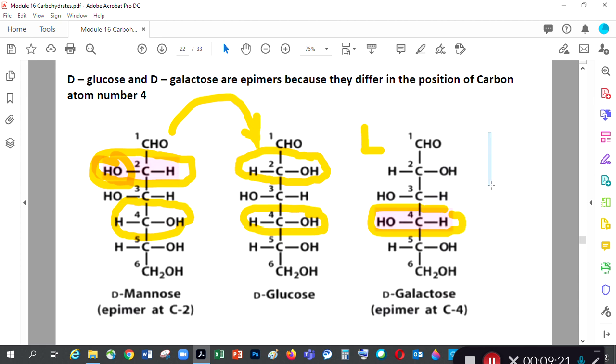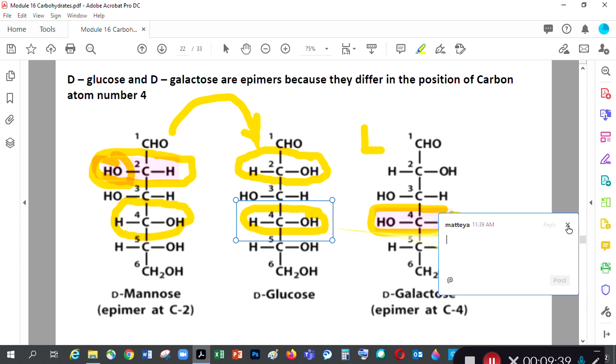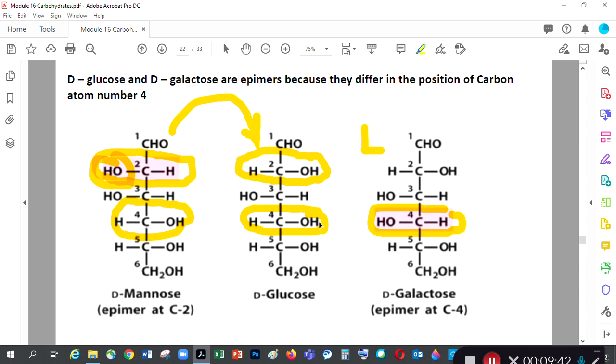Now if you look at the left, the OH is on the left here, but here we have it on the right side, which means at the bottom side.